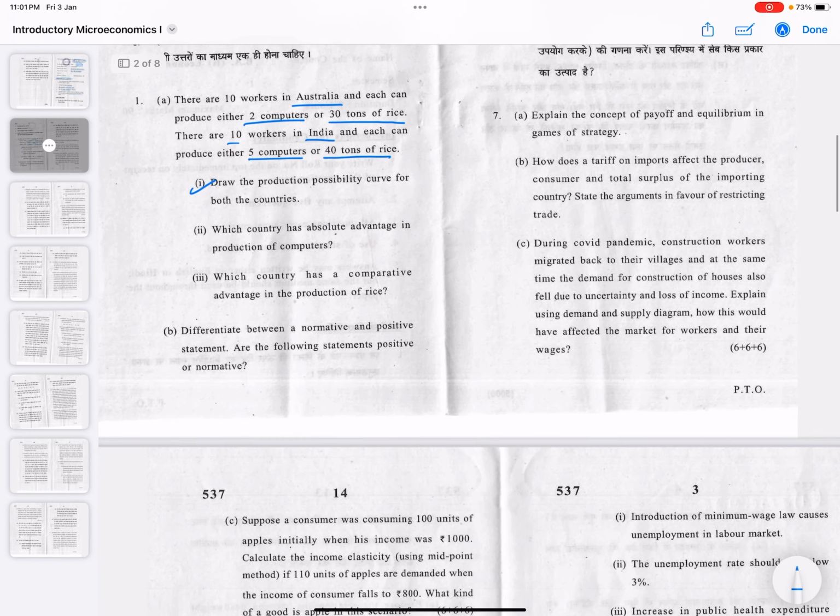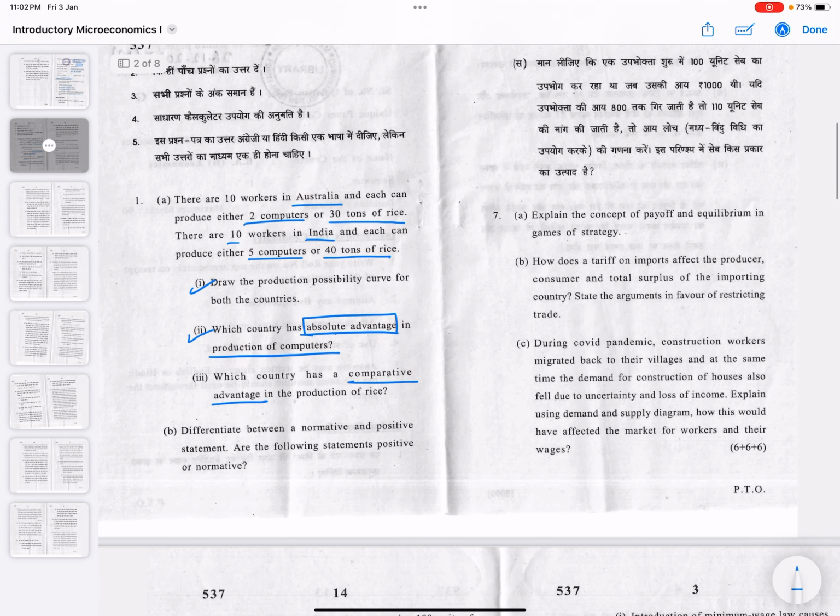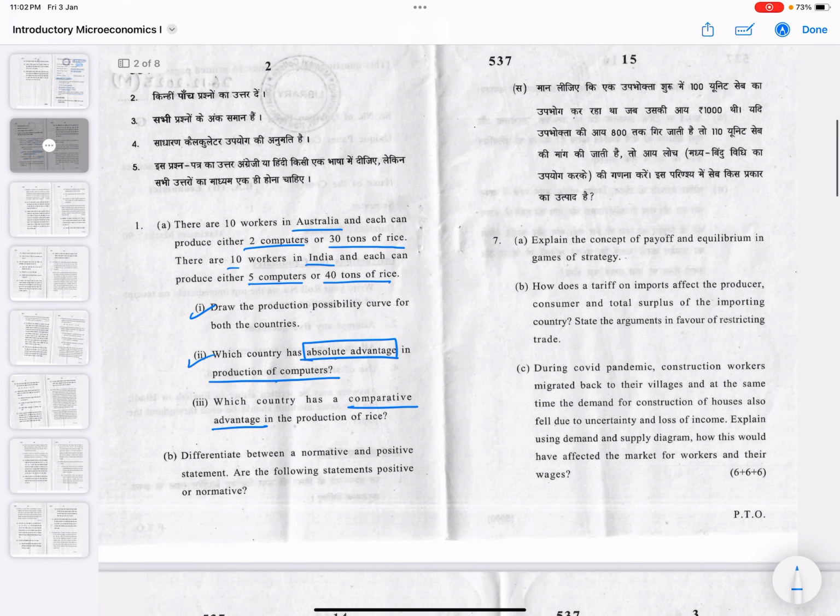Okay, the second part states which country has an absolute advantage in production of computers. So you should know the difference between absolute advantage and comparative advantage. Okay, now in production of computers, in Australia one labor is able to produce 2 computers, and in India it is able to produce 5 computers.